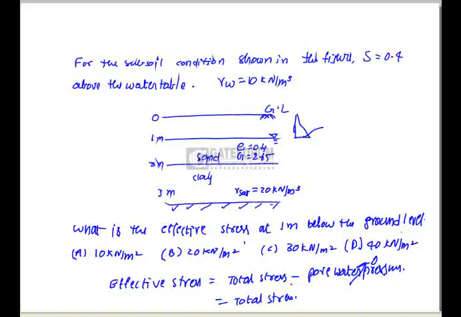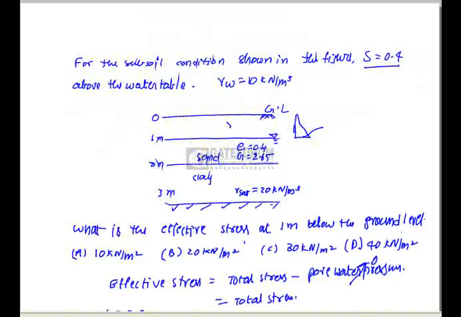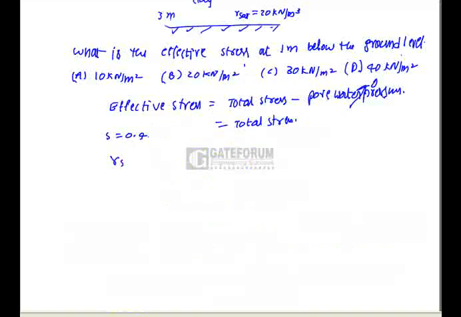And in the data that was given above, the saturation coefficient S is 0.4. We have to find out the gamma saturated at 1 meter below the ground level. Gamma saturated is equal to G plus eSr into gamma W by 1 plus e, where G is the specific gravity.